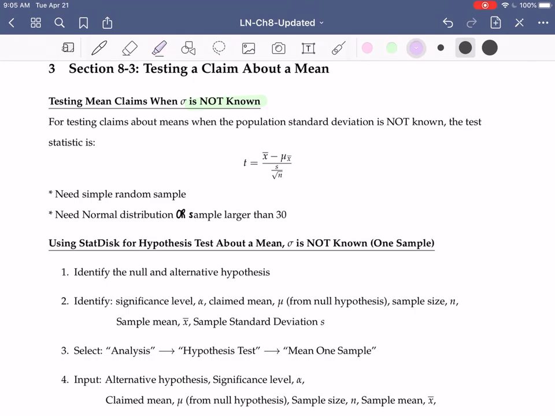Now, when we test a claim about a mean, when the value of sigma, again, is not known, then our test statistic is a t-statistic. That t-statistic is calculated in this way.